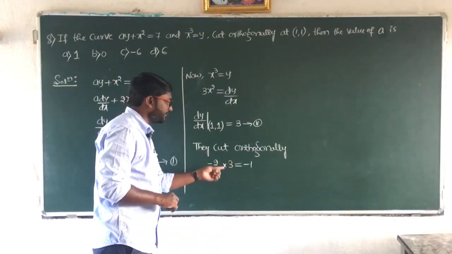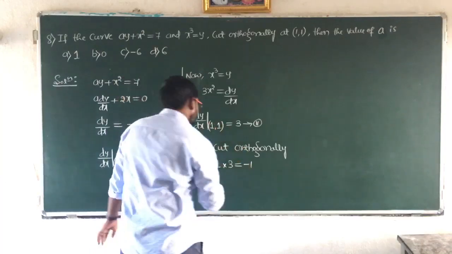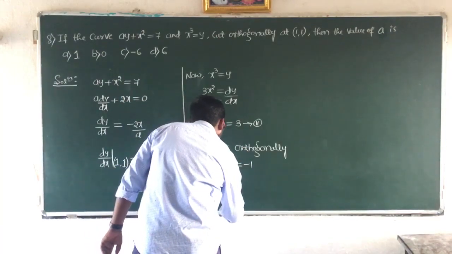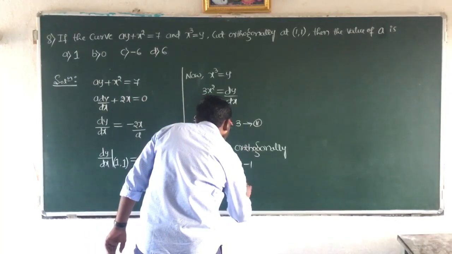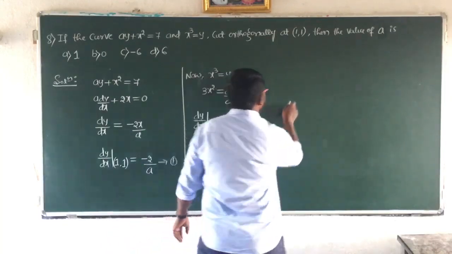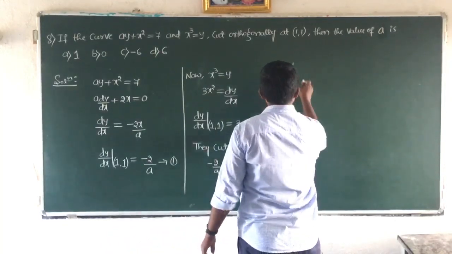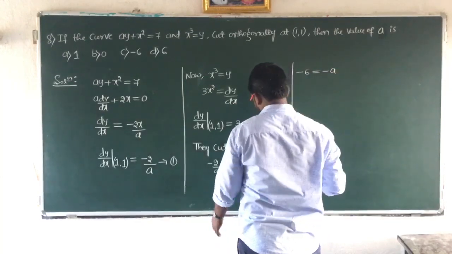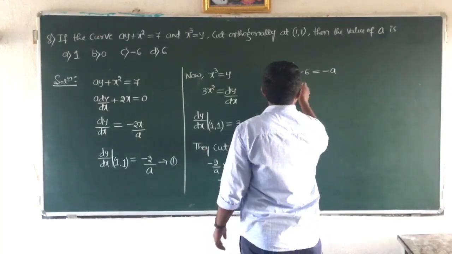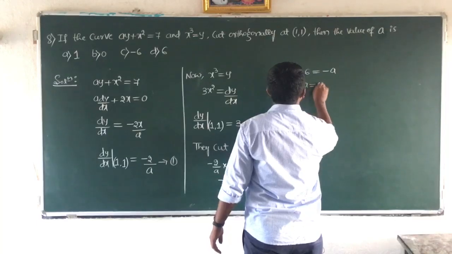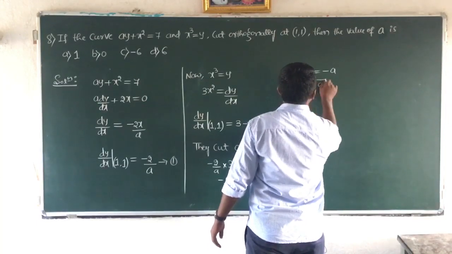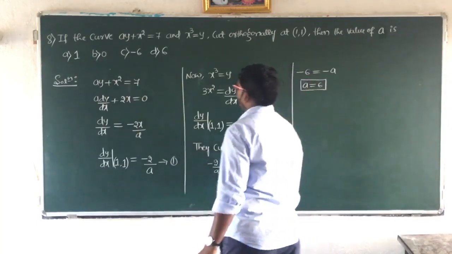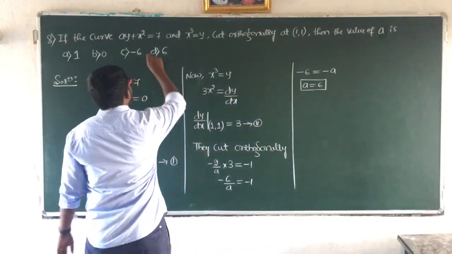Now minus 6 divided by a is equal to minus 1. So here minus 6 is equal to minus a. If you take a to the RHS, then minus minus get cancelled, a is equal to 6. So this is the value of a. Search for the options now. It is option D.